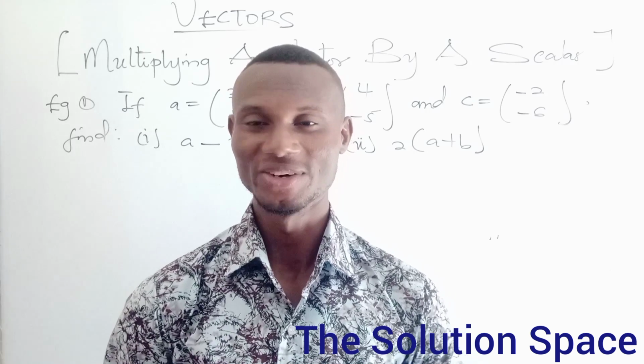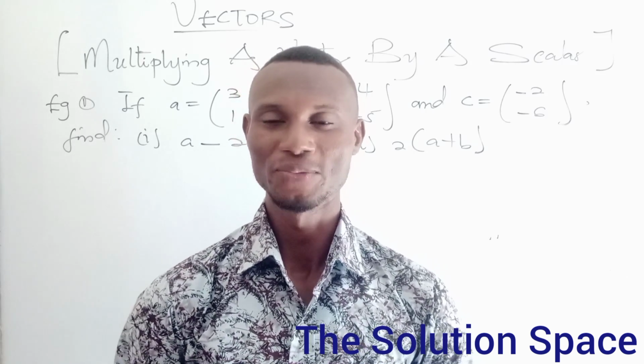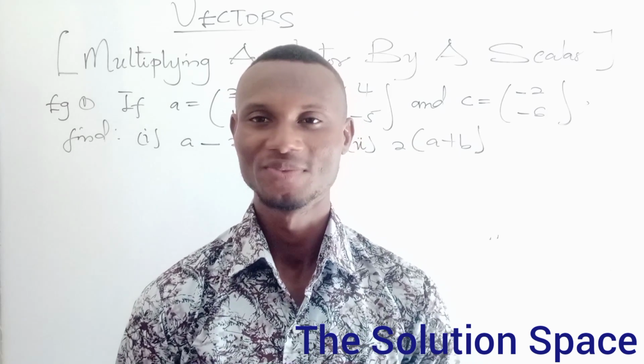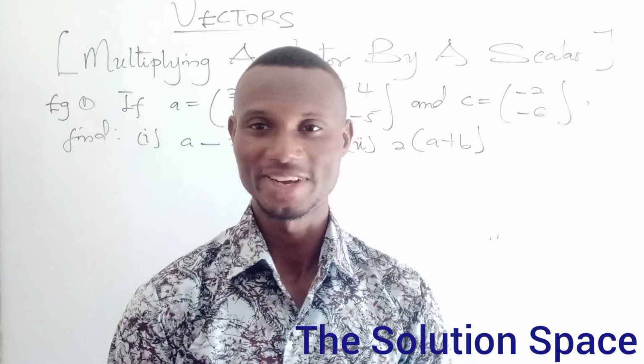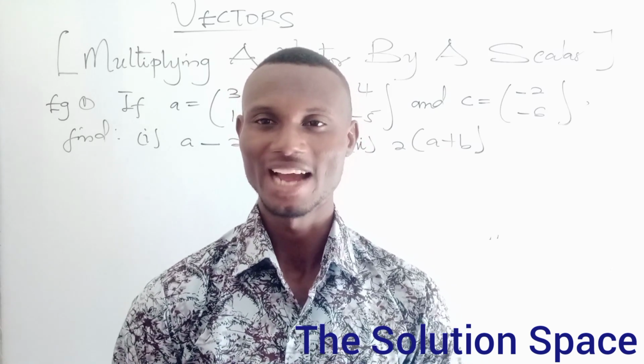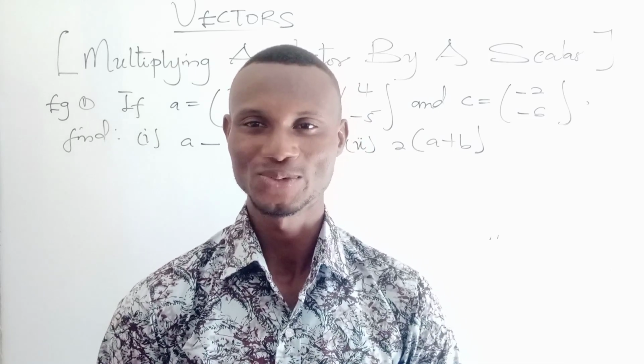In the previous videos, we started learning about vectors, starting with an introduction to vectors, and we moved on to addition and subtraction of vectors, where we solved some examples. I hope you understood it and enjoyed the lesson as well.